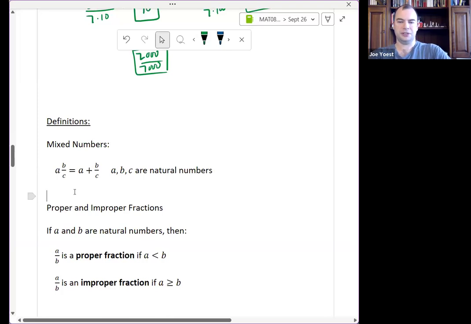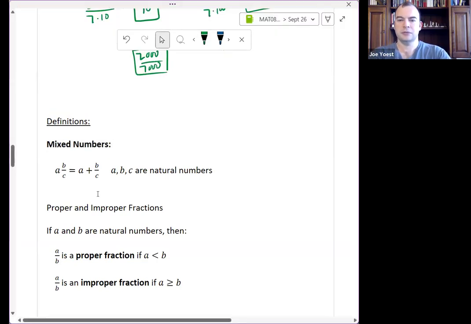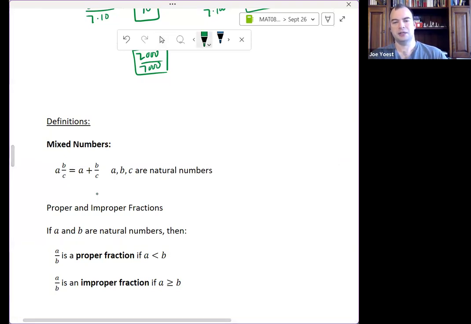Okay, a couple definitions. So mixed numbers. What are mixed numbers? Mixed numbers are numbers written in this notation, something like 1 with a fraction, say something like 2/3, immediately next to it.